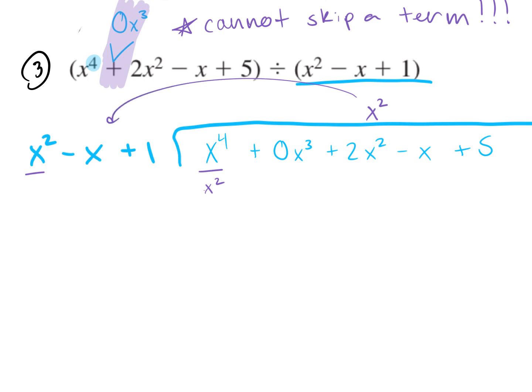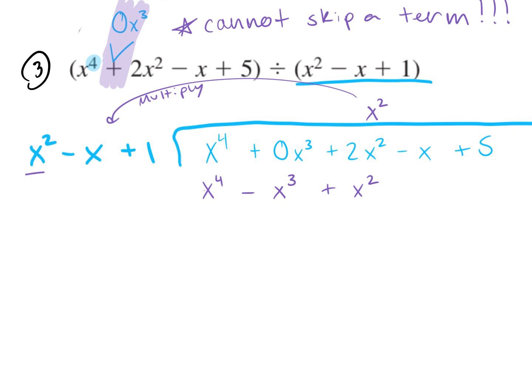So I multiply that times everything out front. So x squared times x squared is what? X to the fourth power. X squared times negative x, negative x to the third power. And x squared times 1 is just x squared.